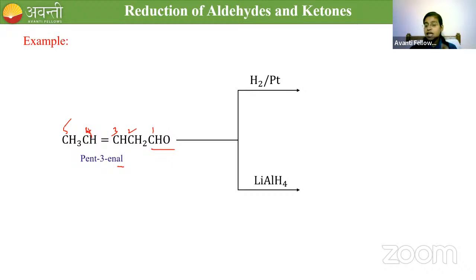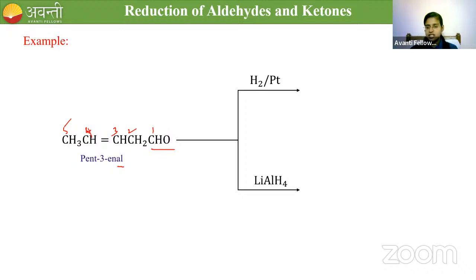I have given the explanation for this question in the previous lesson. Pent-3-enol is for which reaction, the first one or the second one? For the first, pent-3-enol. Then pentanol is for the second reaction. Let's see the product.